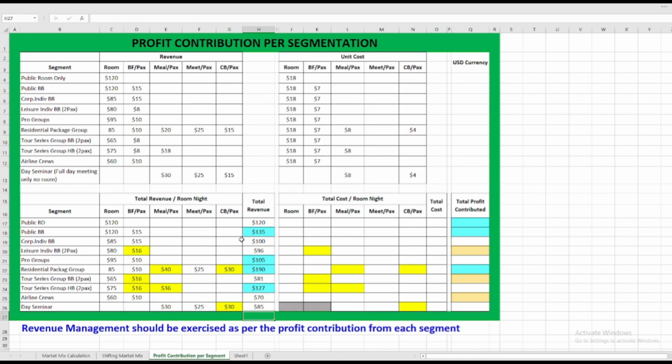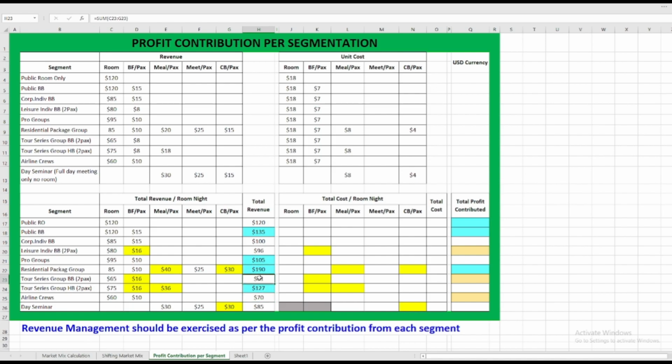If you see here, I highlight in this color, that means this segment has high revenue compared to others. Like public bed and breakfast 135, professional group 105, and residential package having the highest revenue, 190, and tour series bed and breakfast $81. Tour series half board is also not bad, the rate is 127.